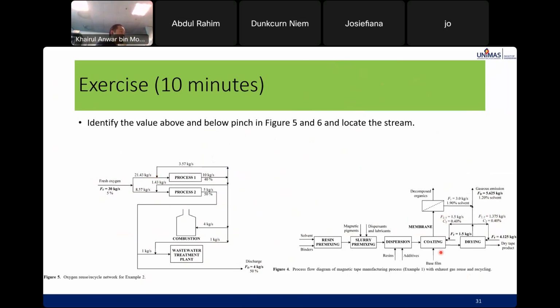How about this figure 4 dimension? So below the pinch, the pinch occurs here at 0.4%. So what happened? The pinch, they reuse and recycle the stream.